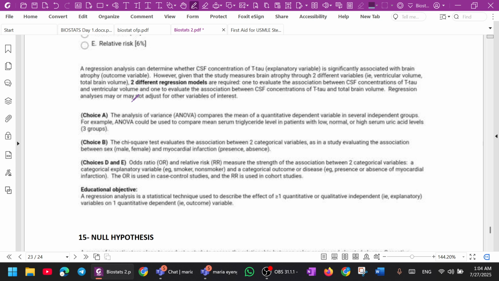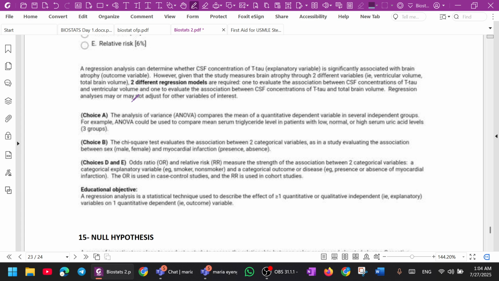A regression analysis can determine whether CSF concentration of tau is significantly associated with brain atrophy. However, given that the study measures brain atrophy through two different variables, ventricular volume and total brain volume, two different regression models are required.